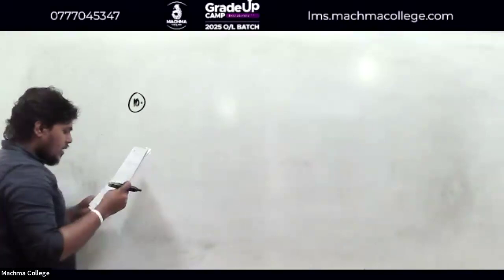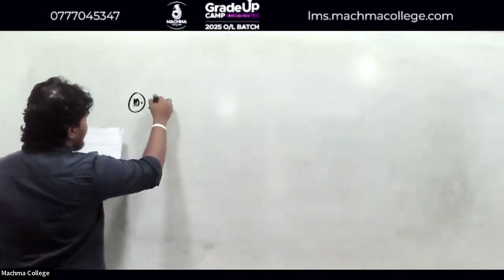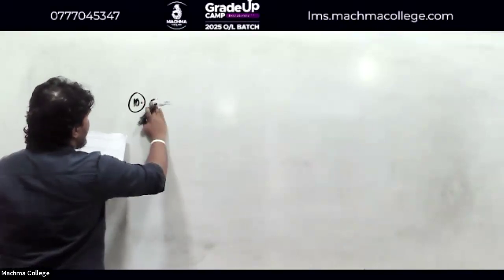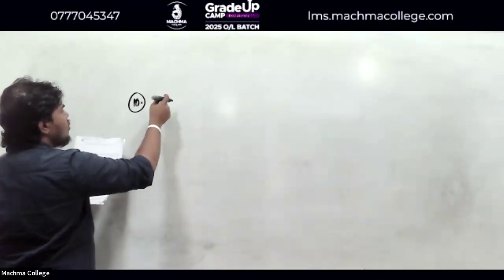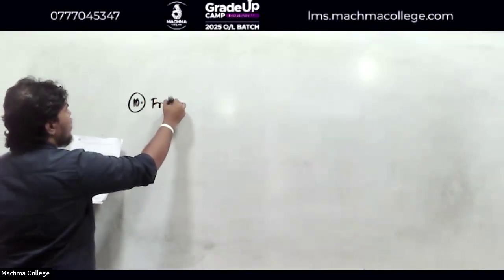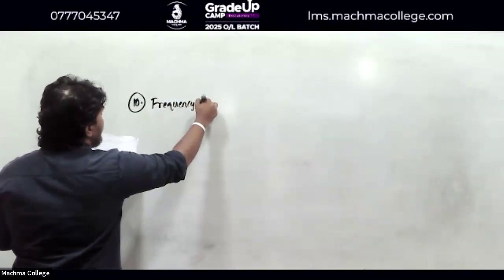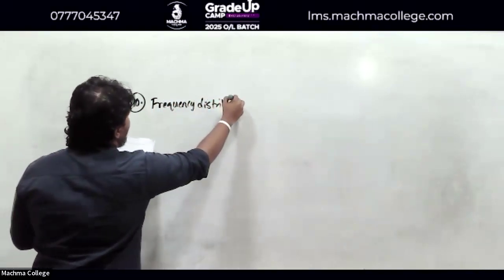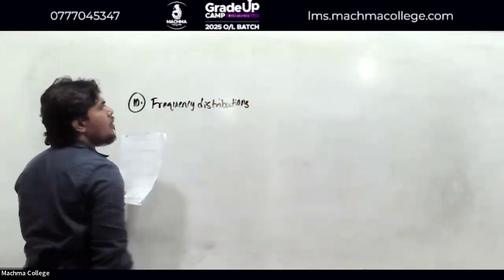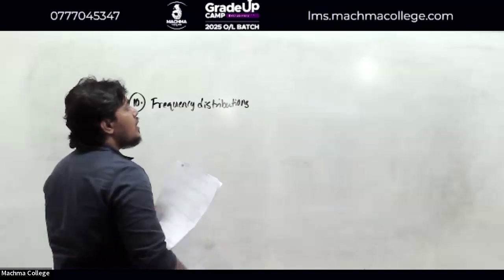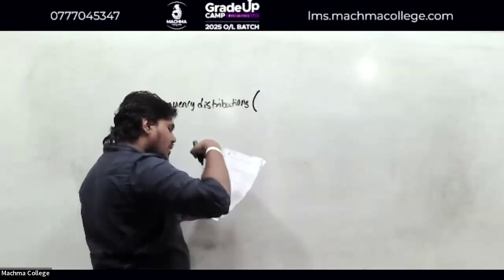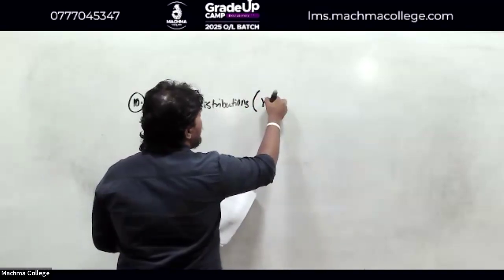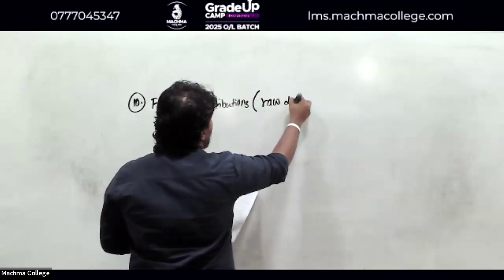Question number 10. This is from statistics. Actually, if I give you the word statistics, you don't know. So write it like frequency distributions. That's the way they have given statistics in your paper, only the distributions part. And in the frequency distribution, this particular question is given from raw data.